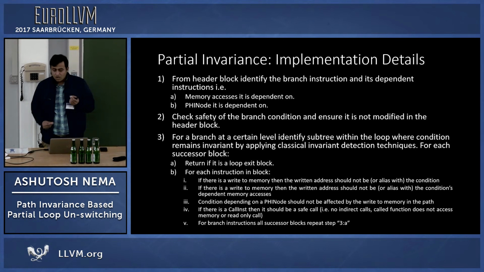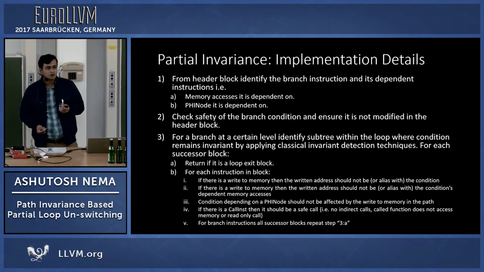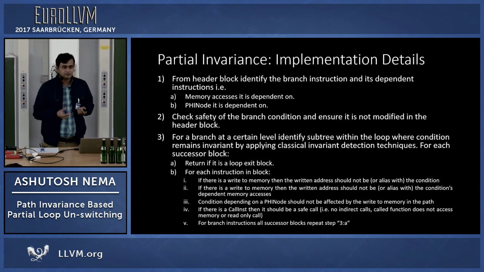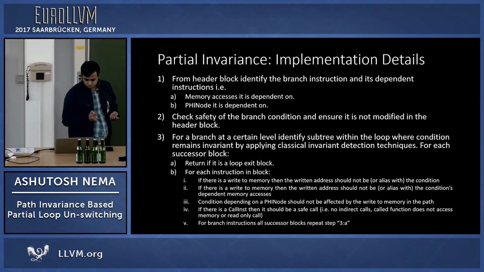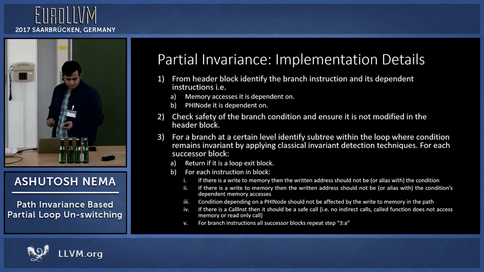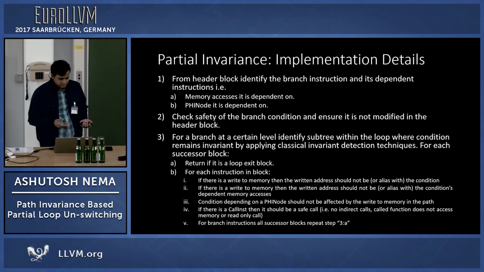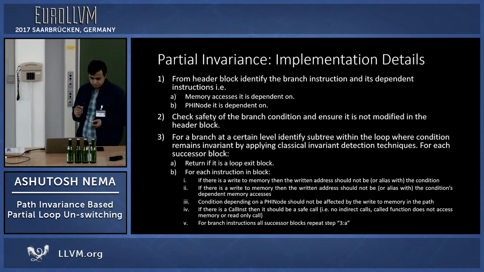We'll go up to the exit block and check whether this condition and its dependent instructions are getting modified in between. How it works is we take a block and iterate over all the instructions of the block. If that block is a loop exit block, we simply return. If it is not an exit block, then we iterate over all the instructions and check the condition safety.